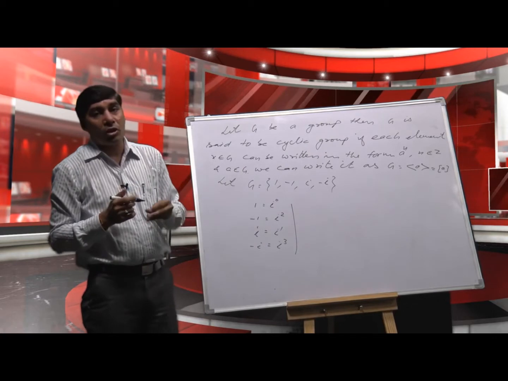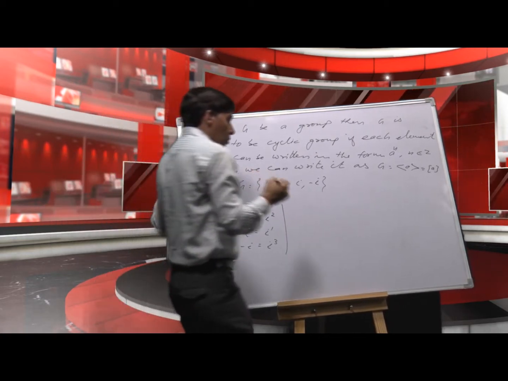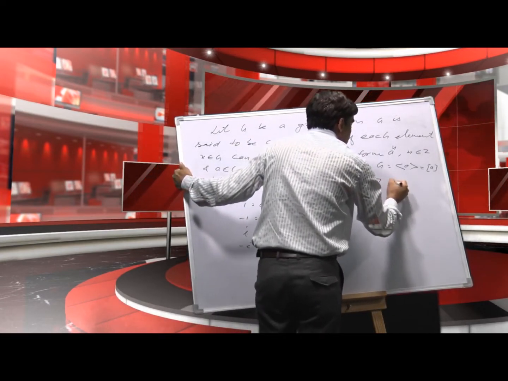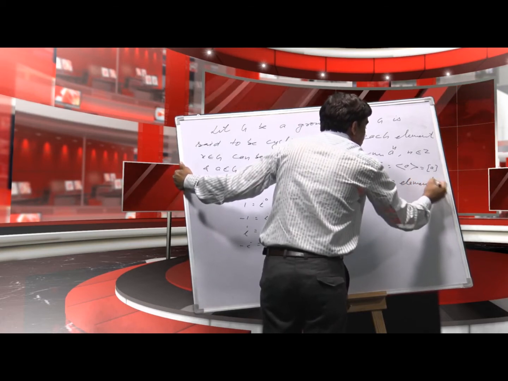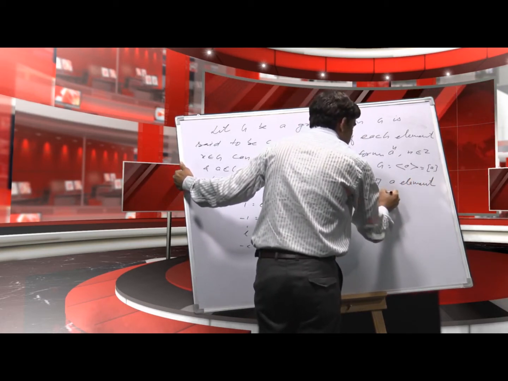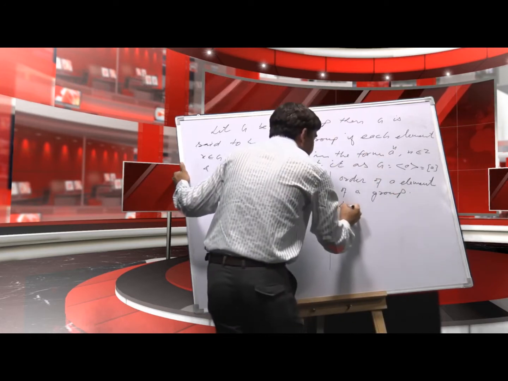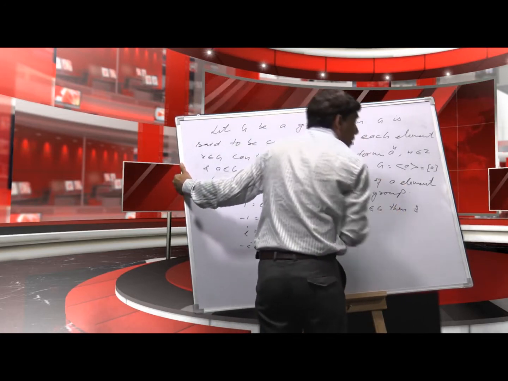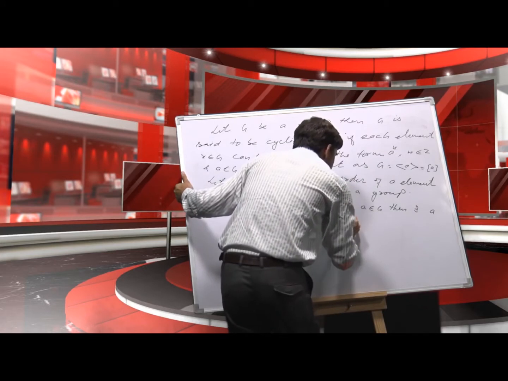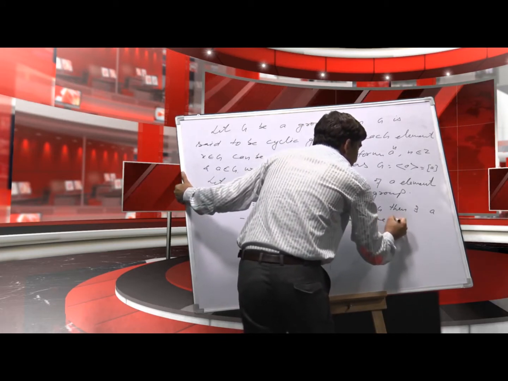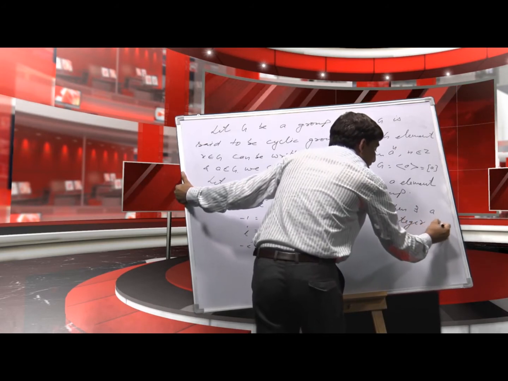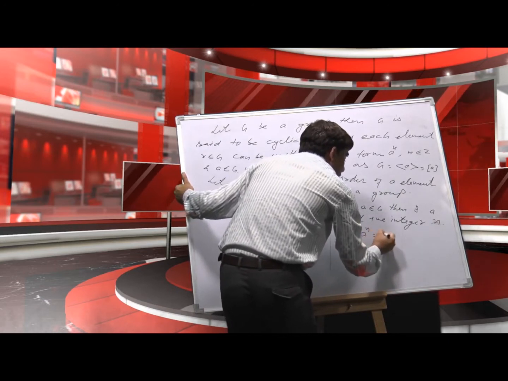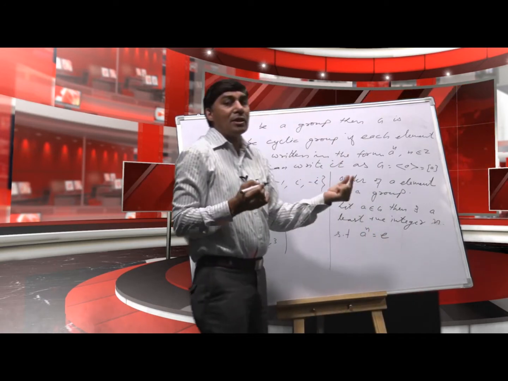So first of all, we discuss the order of an element of a group. Let a belongs to G, then there exists a least positive integer n such that a raised to power n is equal to e, where e is the identity element of the group.